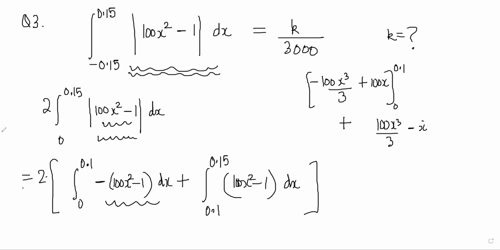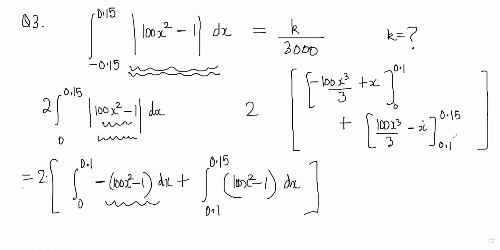There's no need to put a plus 100 here. It is simply plus x, right? Yes, correct, sir. And here it will be from 0.1 to 0.15 and the whole thing has to be doubled. Correct? Yes, sir.